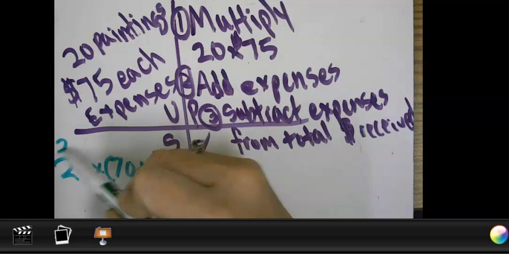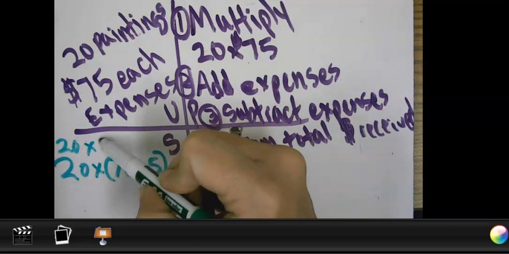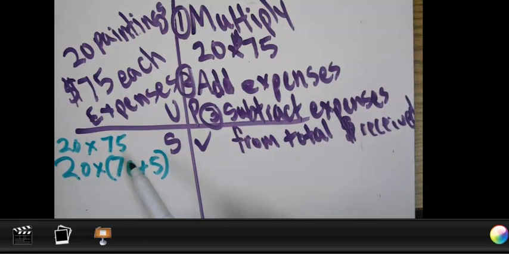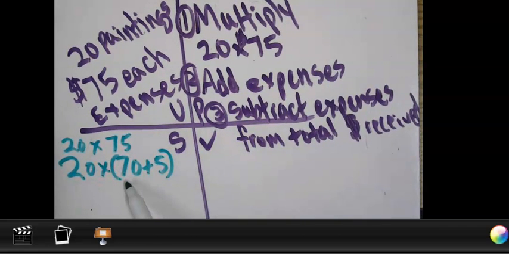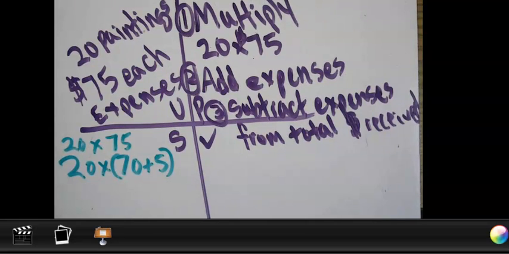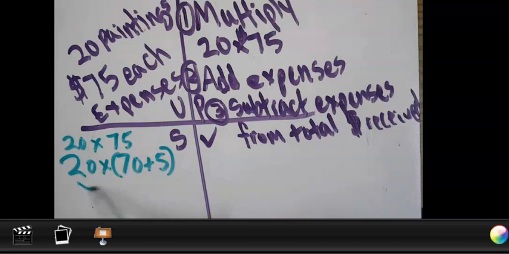So you see this? 20 times 75 is the same as 20 times 70 and 5. Okay? So step 1, let's do 2 times 7. 2 times 7, that's 14. Good job. And I just ignored these 2 zeros, so I need to add them to my 14. Okay, so 20 times 70 is 1,400.